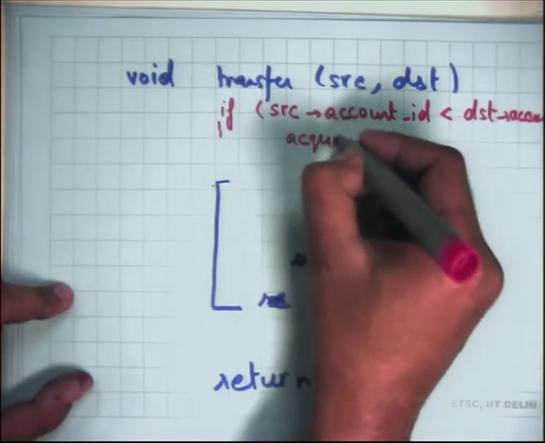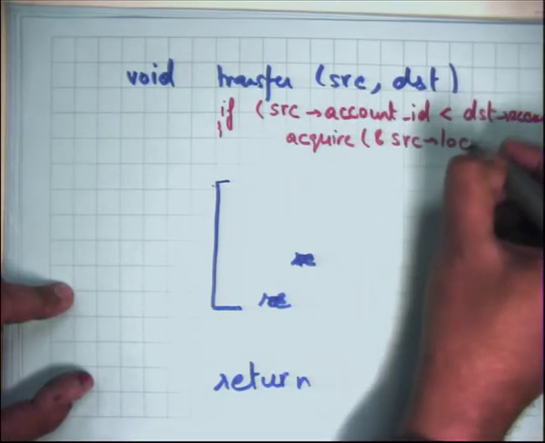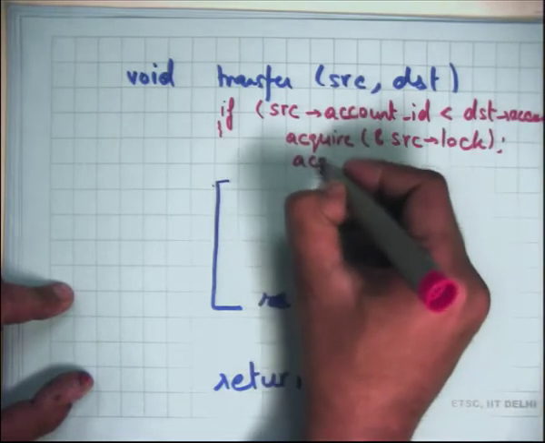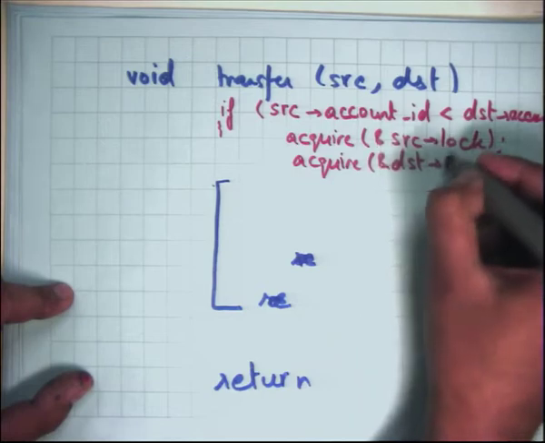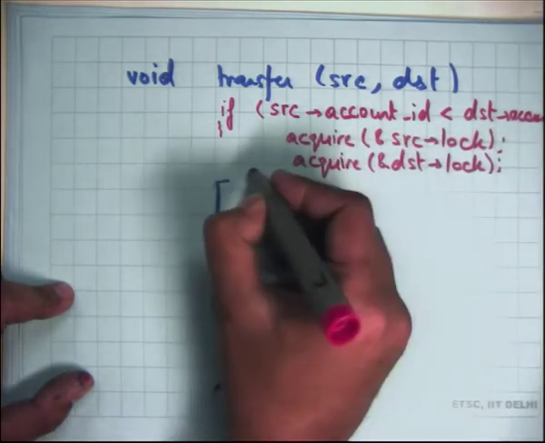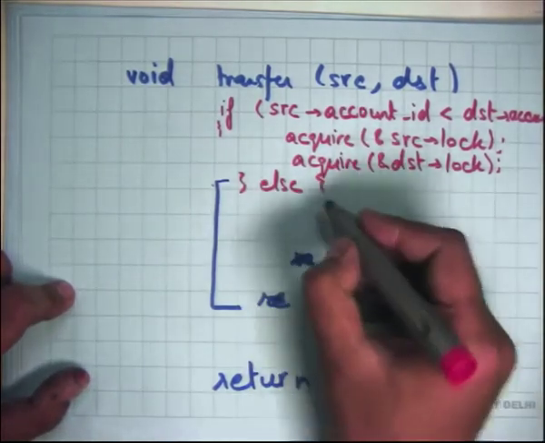acquire source.lock, and then acquire destination.lock. Else, what?